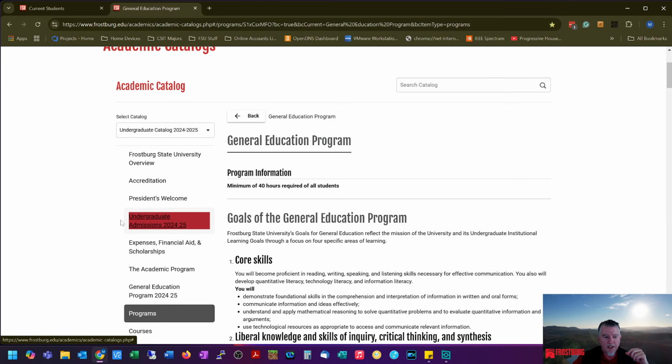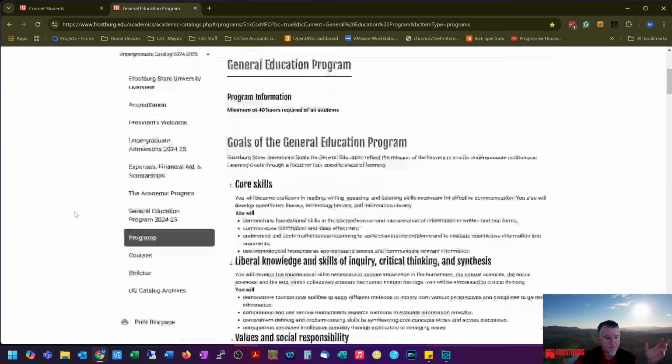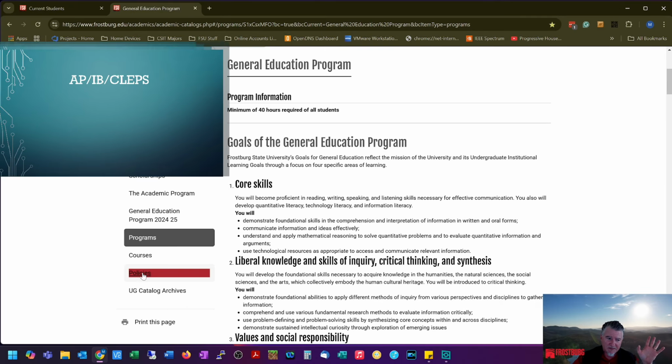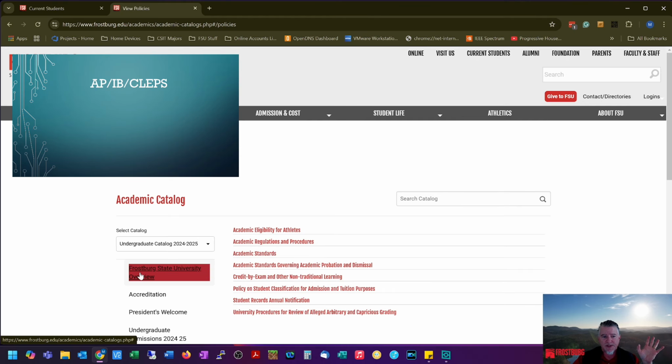And the next thing that I would like to do before I go into the 8-semester plans is talk about if you have AP or IB or CLEPs. How do you know what that is? In here, it's kind of weird where it is, but we're going to click on policies. And when we get into policies in this catalog, here is credit by exam and other non-traditional learning.